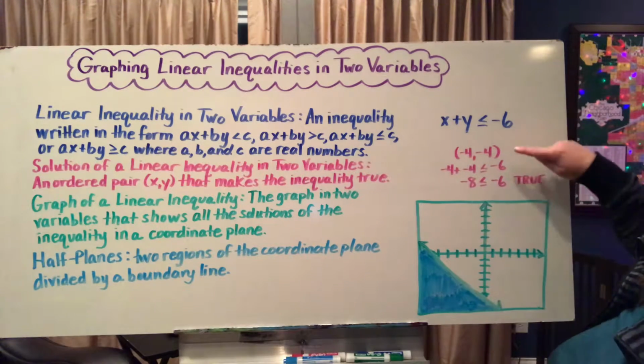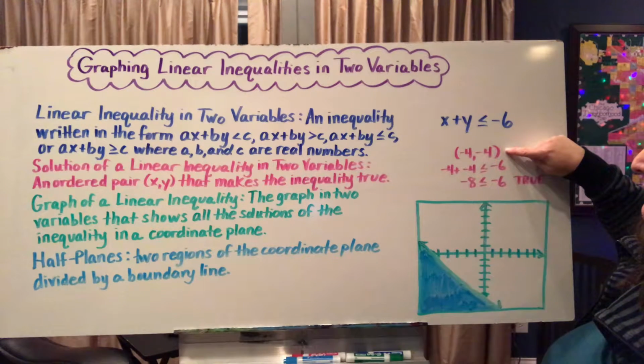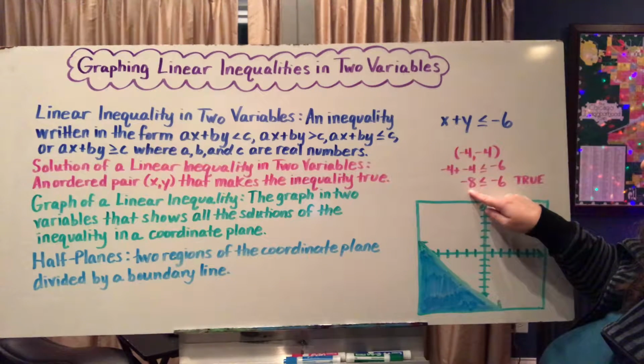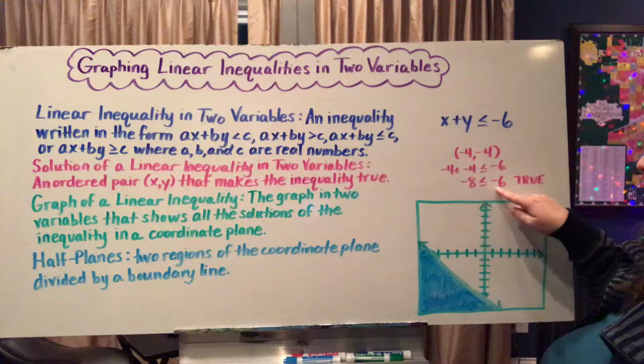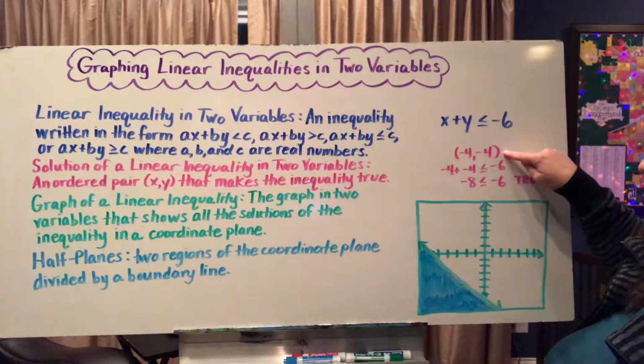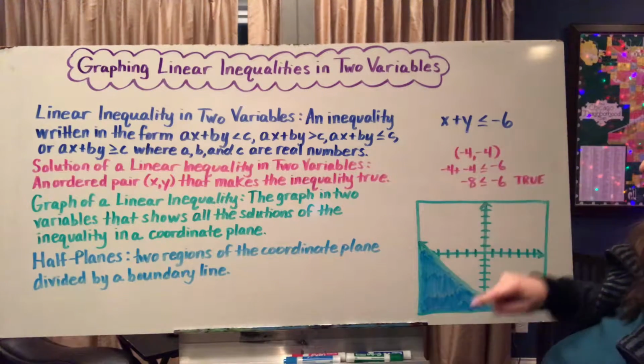Here I have a solution for this inequality, -4, -4. If I put in -4 for both x and y, I get a total of -8. And -8 is less than or equal to -6, so it's true. So -4, -4 is a solution for this linear inequality in two variables.